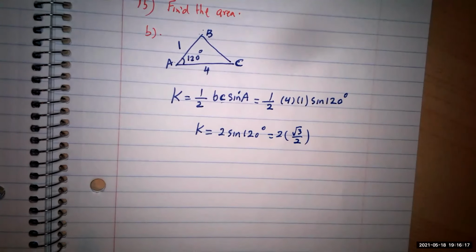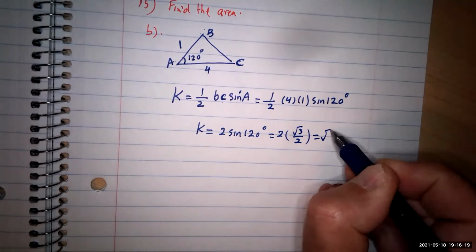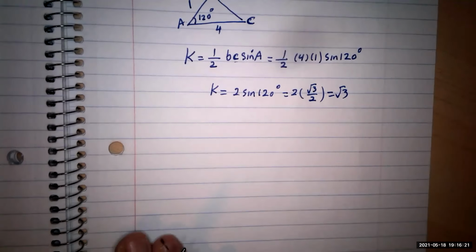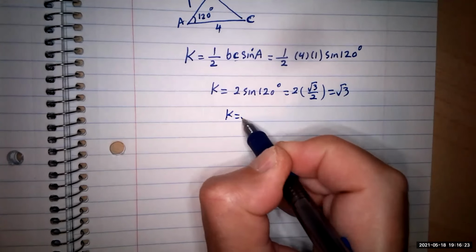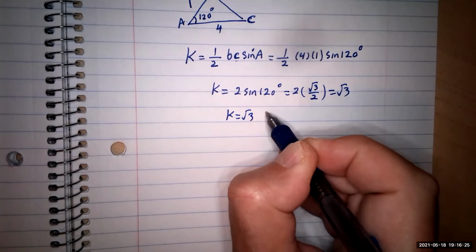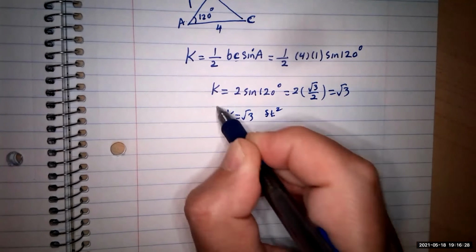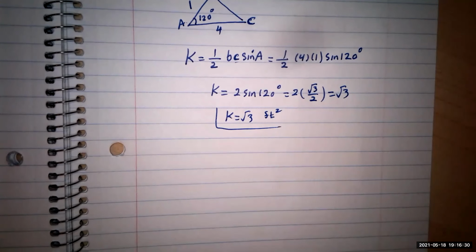Then you simplify it, and that gives you K equal to radical 3, which in this case is going to be square feet, because the information is given in feet. Then we simplify, that's correct, to get these numbers. Any questions? That's case 1. It's straightforward.